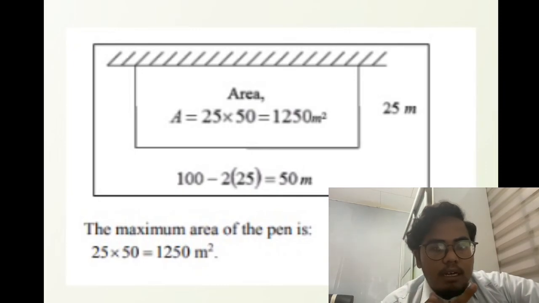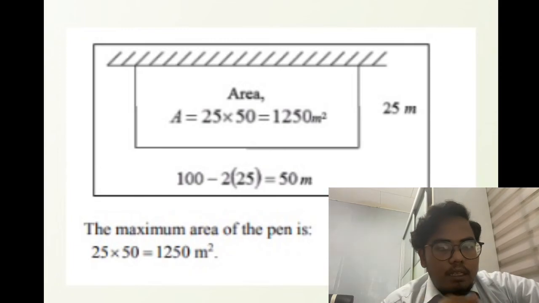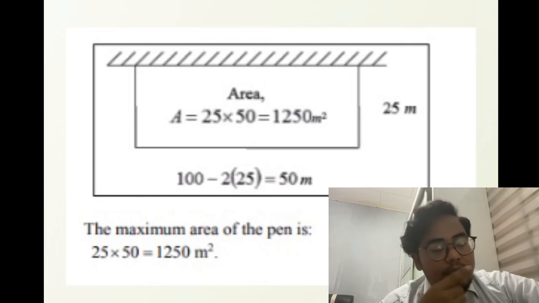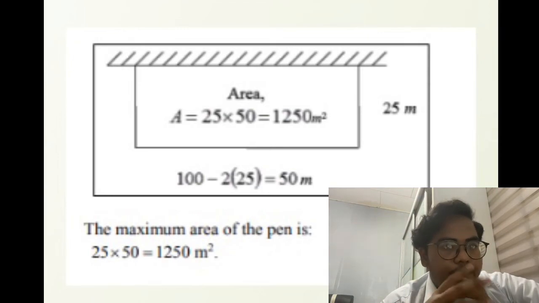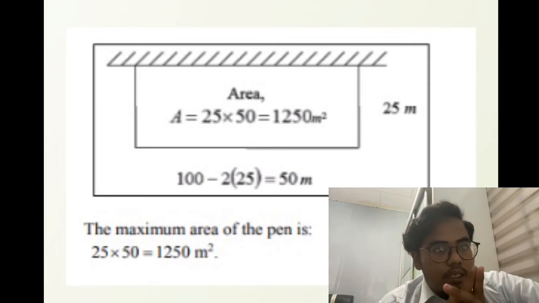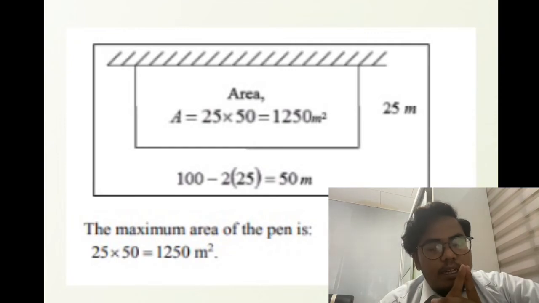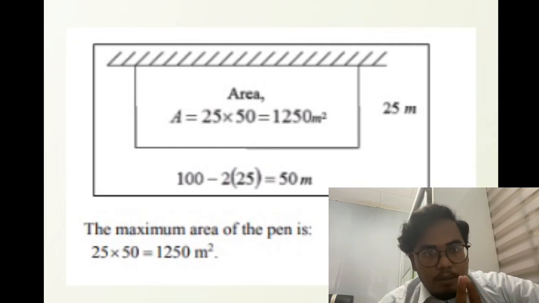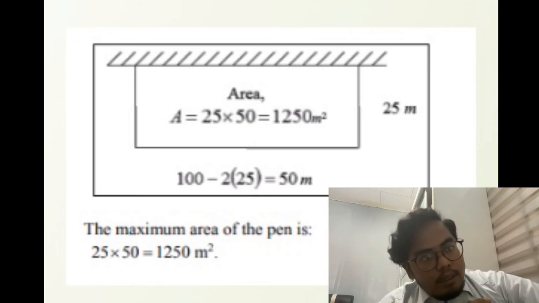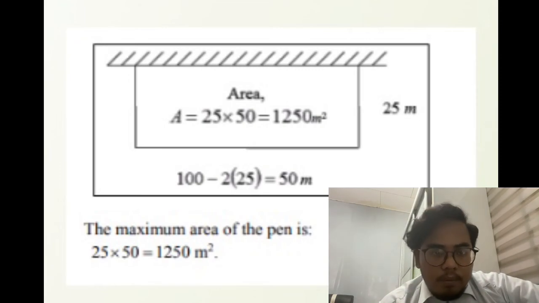Next step, we already got the value of x, so we just replace the value in the diagram, just like this one. Then we find the width and the length, and then we get the maximum area. For this question, the value of x is 25, so the length we got is 50 meters.